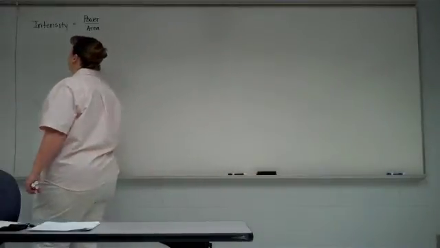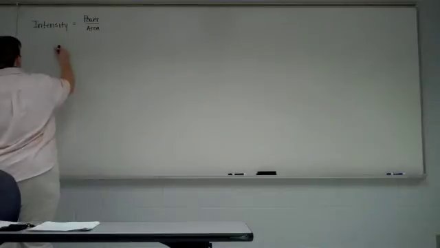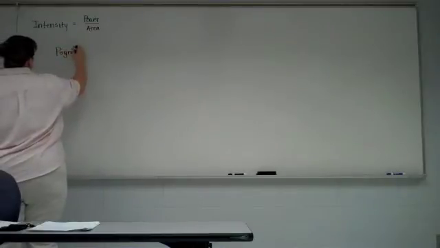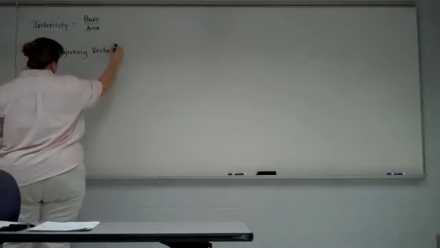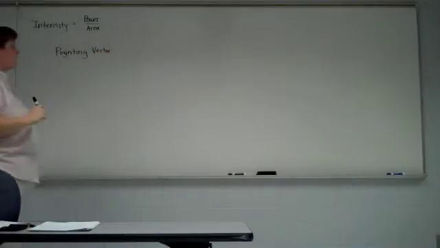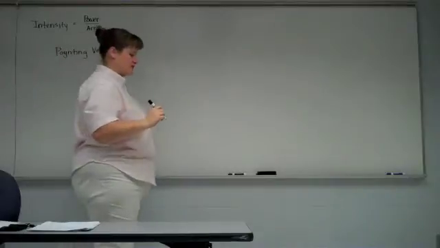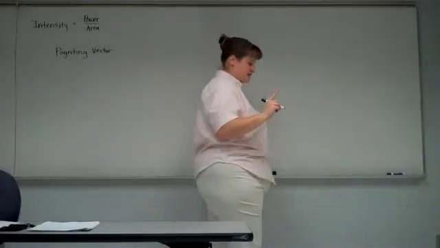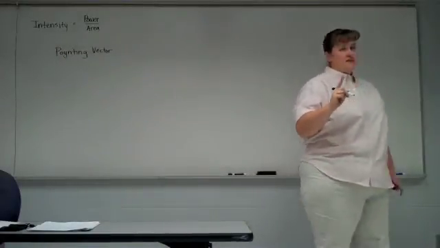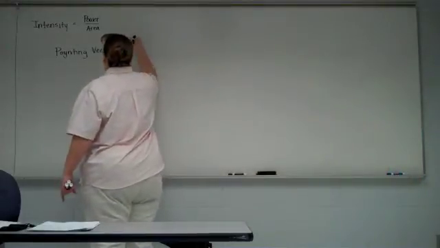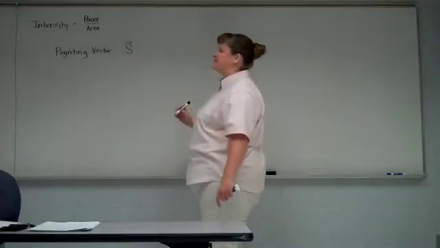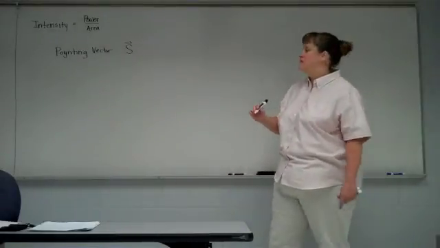Now, just to get a little confusing, the intensity in this section comes from what we call the Poynting vector. And yes, I did spell it correctly. The Poynting vector, our book uses a capital S to represent it.